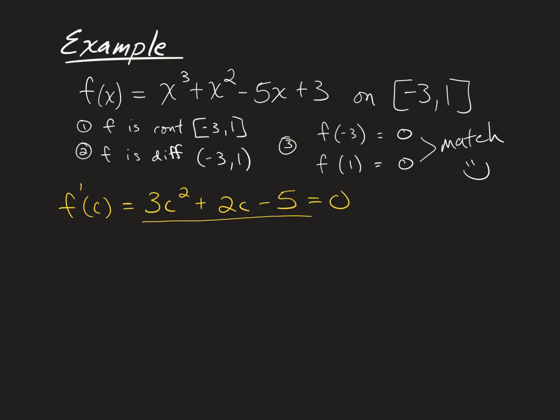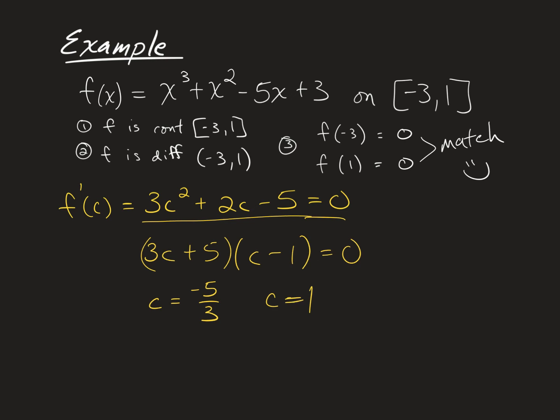And this ends up being the rest of the problem. There was that one calculus step, everything else is algebra related. So we've got this quadratic. Fortunately, it factors, so that's not going to be bad: 3c and c. This will be a +5, and this will be a -1. So we can set each of these equal to 0 and solve for c. So c equals -5/3, and c will also equal 1.